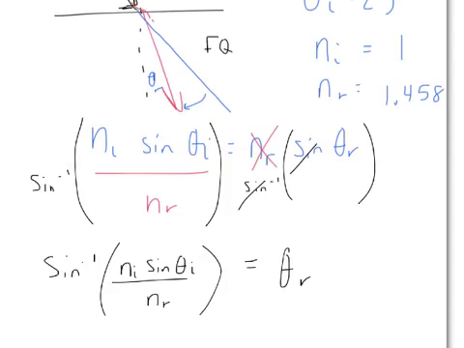So go ahead and plug in. It's going to be 1 times sine of 25 over 1.458. Make sure you're in degree mode. Use your graphing calculator, not your iPad. You'll get a number, then press second sine to bring up sine inverse of that answer, and you get an angle in degrees. Please check that right now.